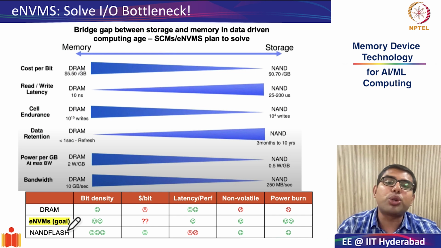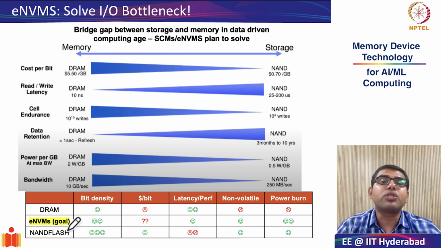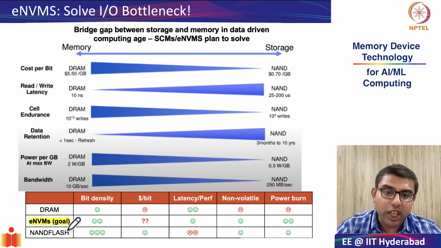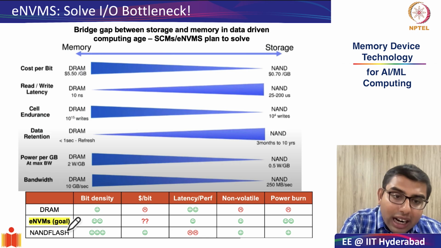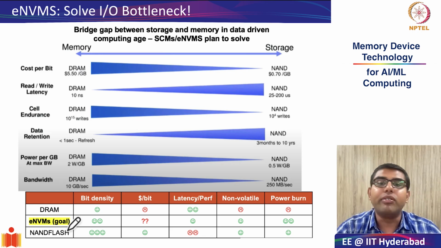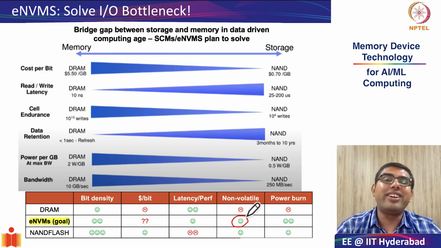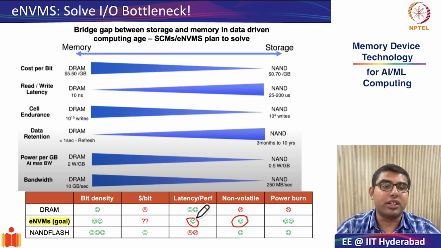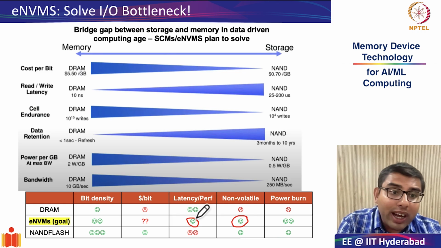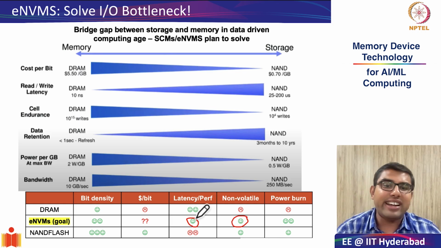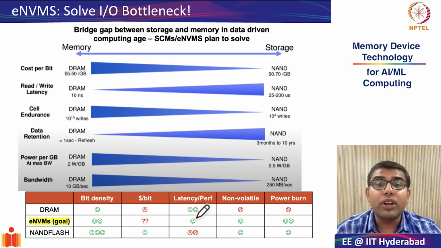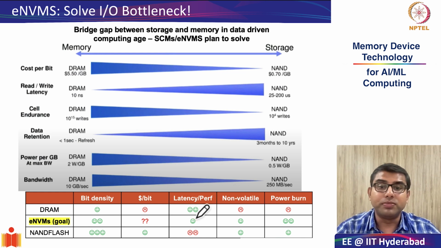So the idea is to have random access in eNVMs, therefore improving latency, other than the advantages you get at the device level. Also, you want to preserve non-volatility despite having better latency. This is the key benefit of eNVMs: you will have latencies and performance equivalent to DRAM or a little worse, but you will have non-volatile storage.